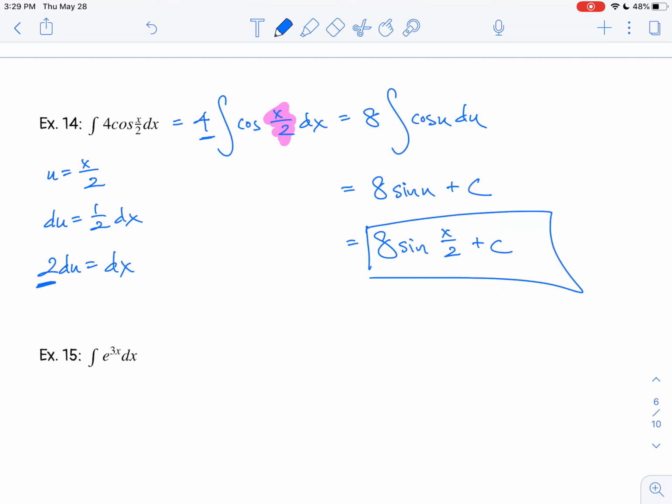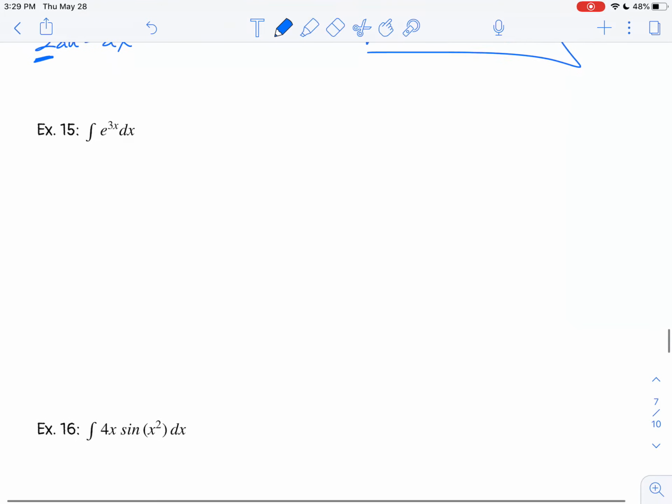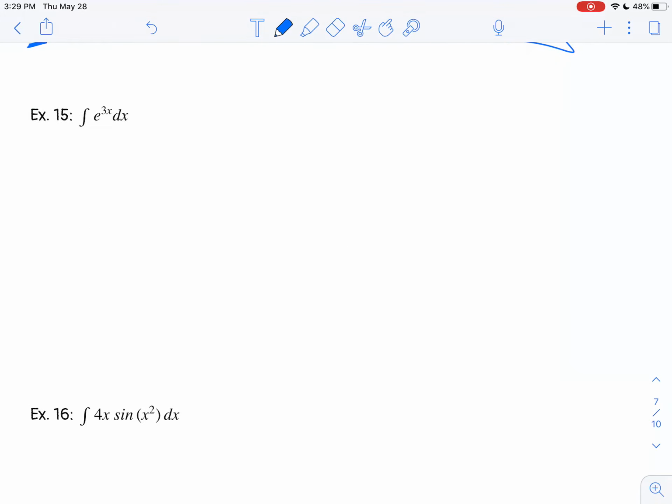All right, let's do one last problem here. Example number 15. So this, again, I want us to be able to recognize right away that we need u sub. So u equals 3x, du equals 3 dx, but that means I'm going to have a factor of 1/3 in the front of my integral.